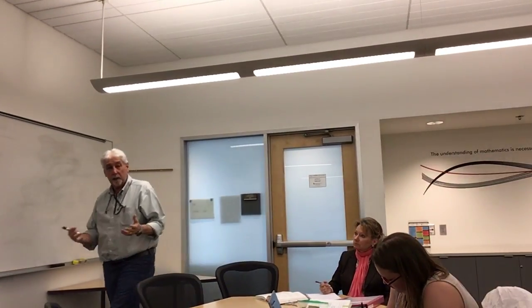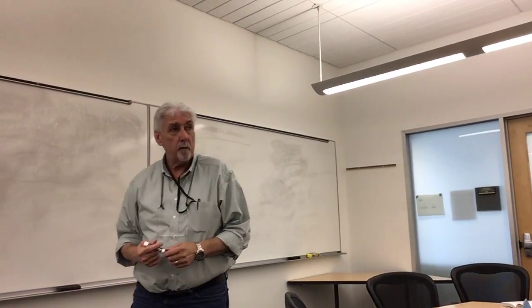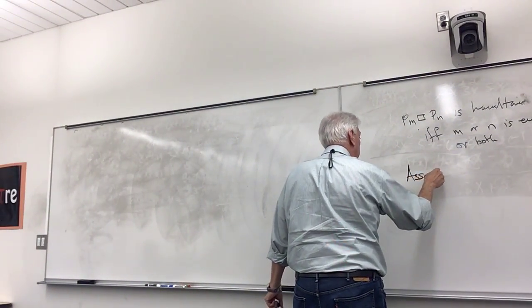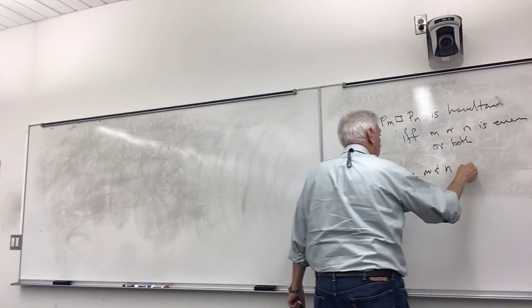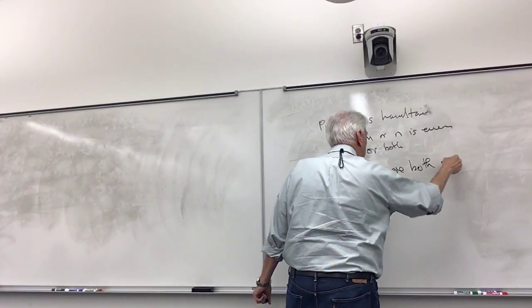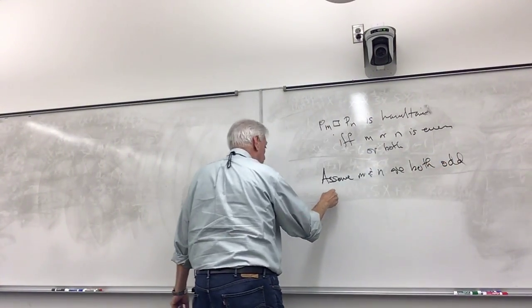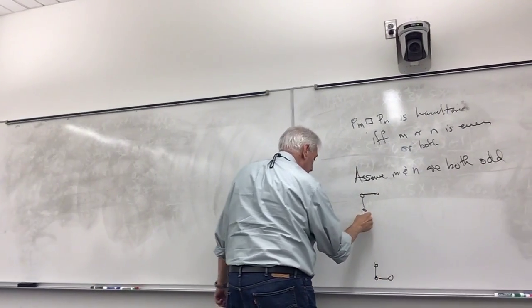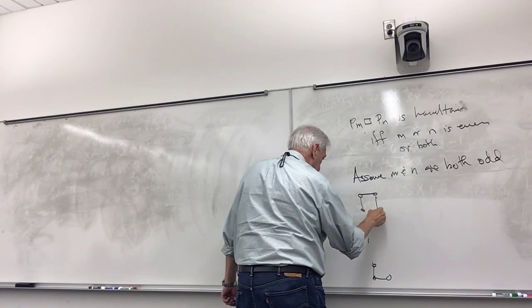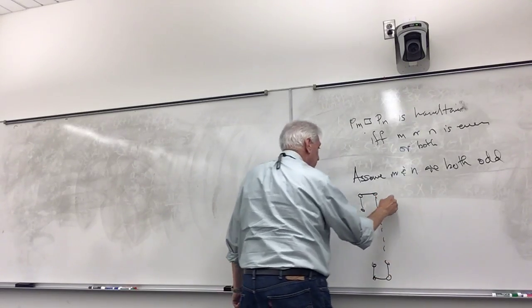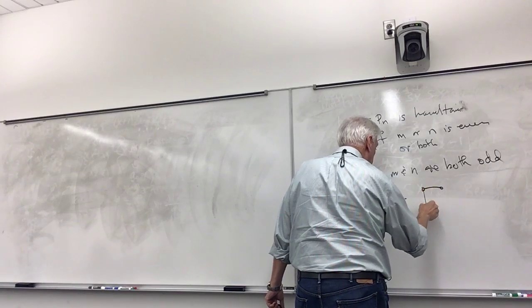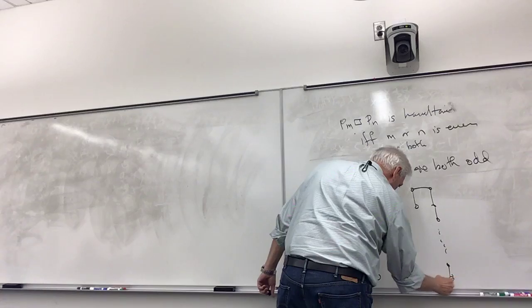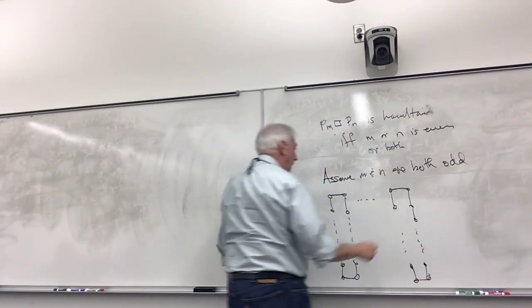Okay, so give me an idea of what. Assume they're both odd. Okay, assume m and n are both odd. I'm going to draw a picture. Okay, but now what?